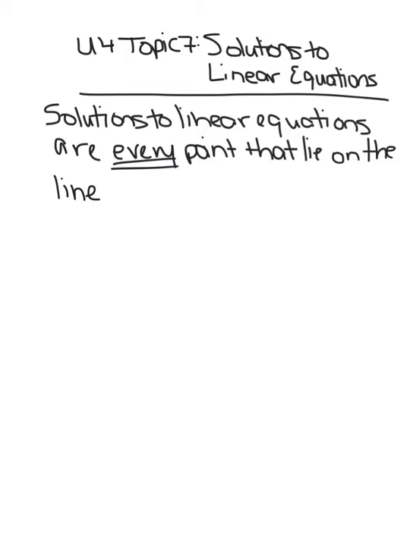Those can be whole numbers, those could be decimals, those can be fractions, right? Remember, a point is listed as x comma y, right? We list it as that ordered pair. So when we start talking about solutions, we're talking about the ordered pairs, or the x comma y, or the points that lie on a line. Let's change this to red here.